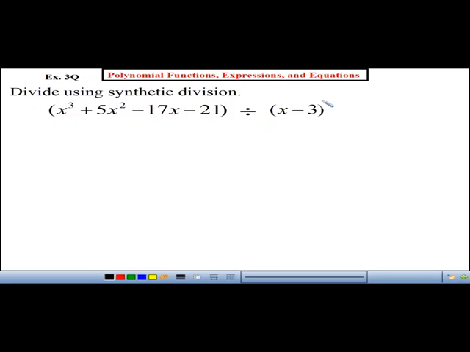How about this one? 1, 0. Yes. All right, let's see if you wrote the following. Who did 1, 5, negative 17, negative 21, and all that divided by 3? Hands, have you got that?